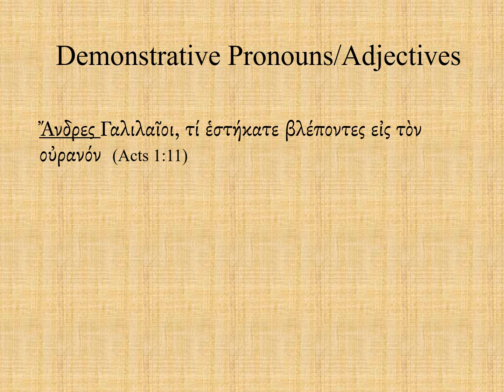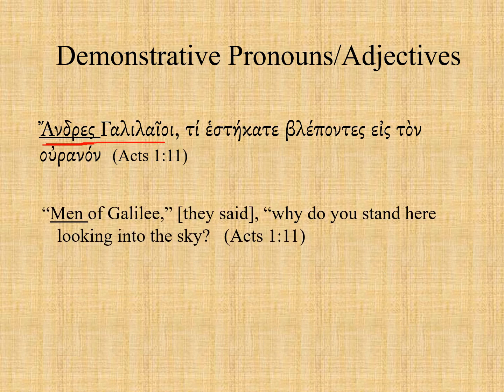If we use the plural direct address vocative, most of the time it is identical to the nominative plural. So here we have an example. Andres Galilaioi, ti hestekate blepontes eis ton ouranon, from Acts 1:11. So, men of Galilee, why do you stand here looking into the sky?